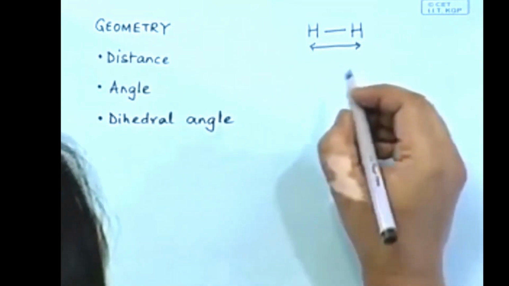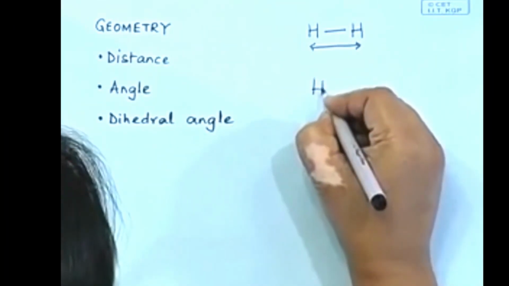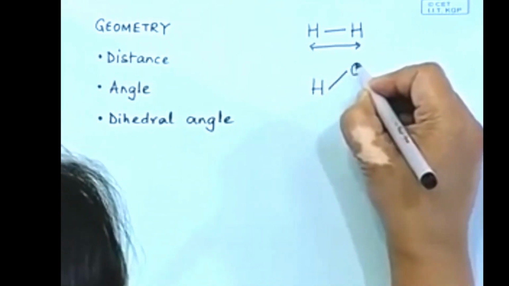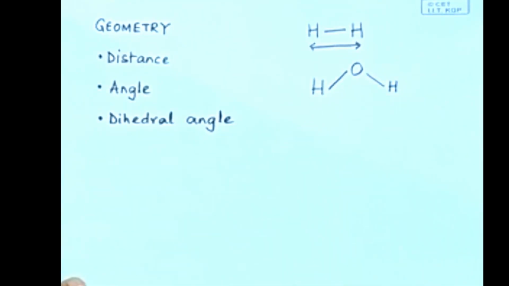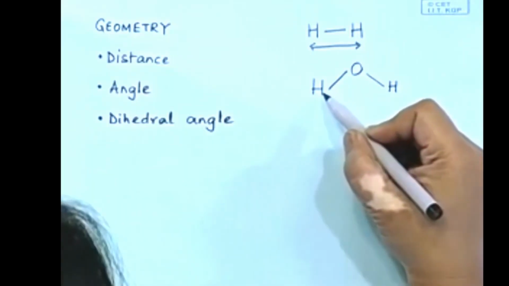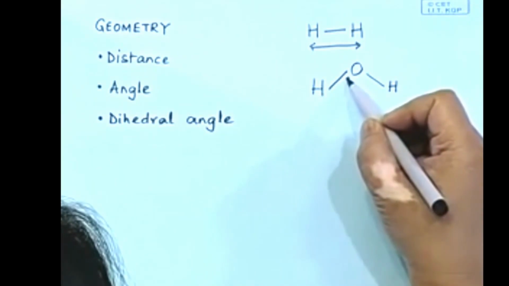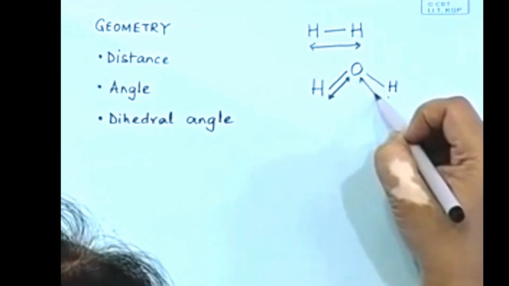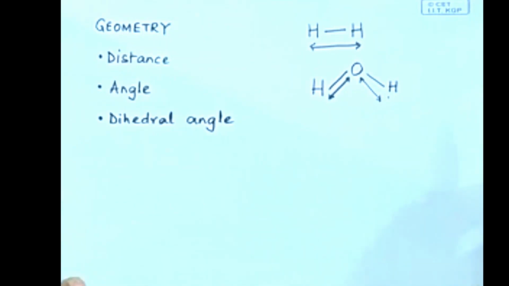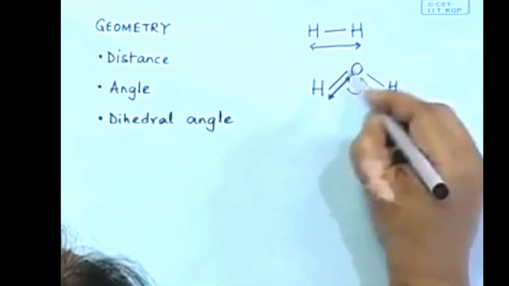If you were to go to water, where you would look at H, O, H, it is not sufficient if I give you distances. If I tell you this H is this distance away from the oxygen and this H is this distance away from the oxygen, that does not suffice, because I have to tell you what the angle between the HOH is if you have to get the correct geometry of the water molecule.